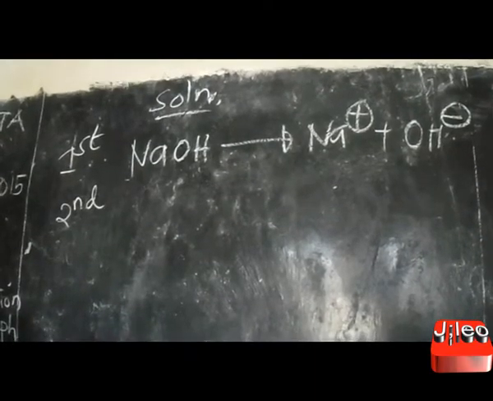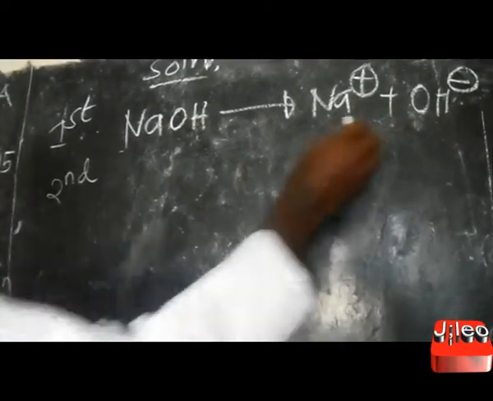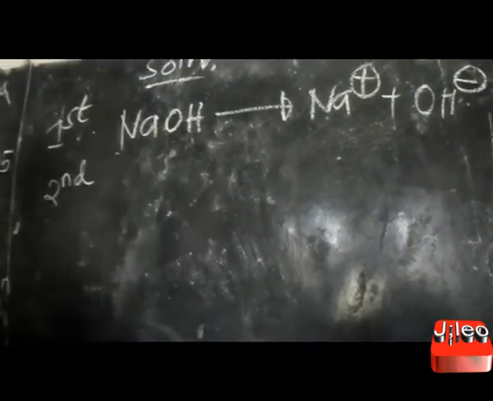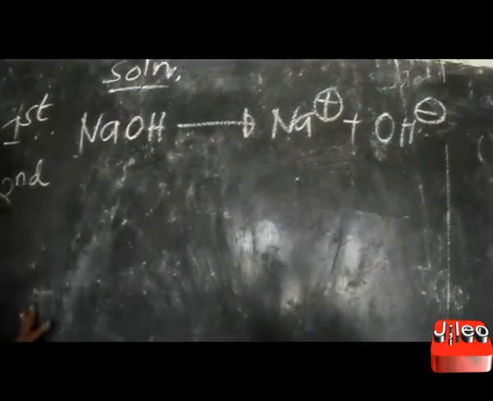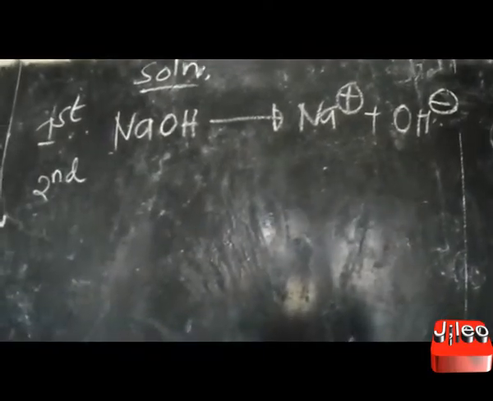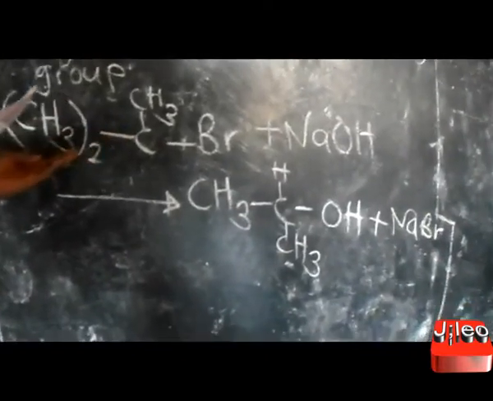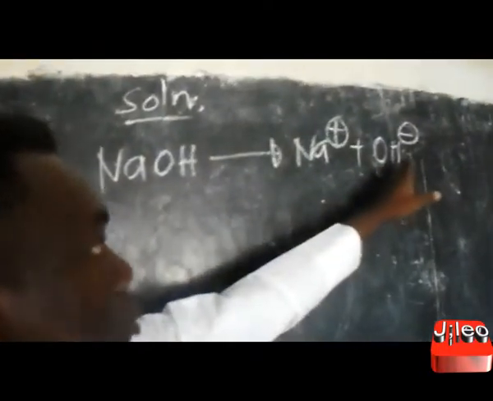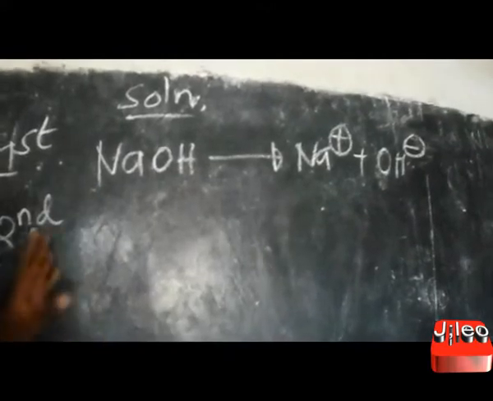In the second step, we have to do something known as nucleophile attack to the haloalkane. You can see here we have a haloalkane. So in the second step we have the nucleophile attack any haloalkane.